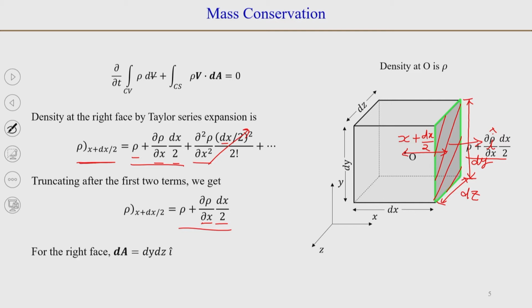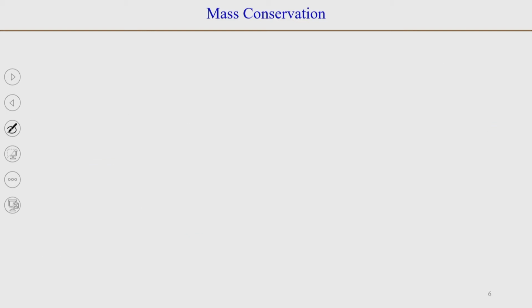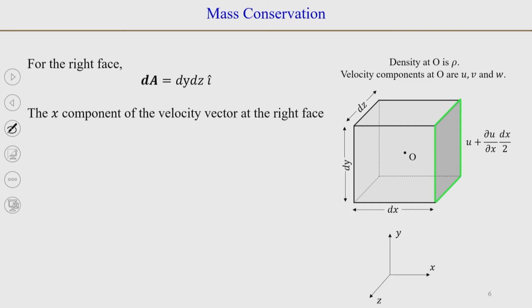Now, the area, as we have already discussed, is dy dz i. Next, we need to find the velocity vector at this face, v dot dA. In v dot dA, only the normal component of velocity will be relevant, because the other two components of velocity, when you take the dot product with the area vector which has i, will become 0. So, we will take the u component of velocity at this face, or x component of velocity rather.